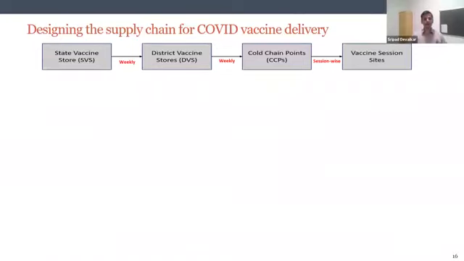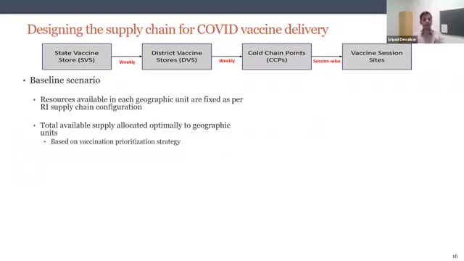In terms of the supply chain for COVID vaccine delivery, the big difference is in terms of the frequency at which vaccines are transported across the different stages. So for routine immunization, because it's schedule based, you have very good prediction of what the demand is, and there are specific timelines. It's okay to transport them at lesser frequency to leverage economies of scale.